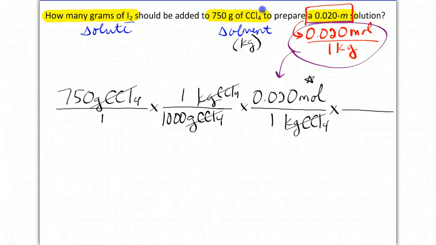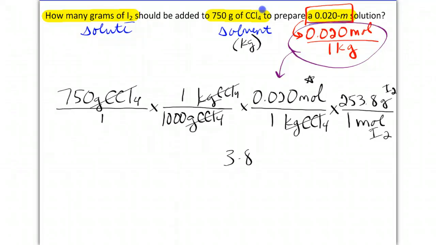Now we'll bring down moles. 1 mole of iodine is going to be equal to 253.8 grams of iodine. So to get your final answer, we're going to take 750 divided by 1,000 times 0.020 times 253.8, and that gets us 3.8 grams of iodine.